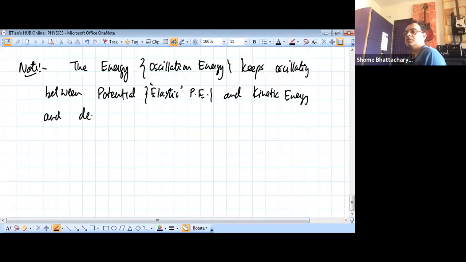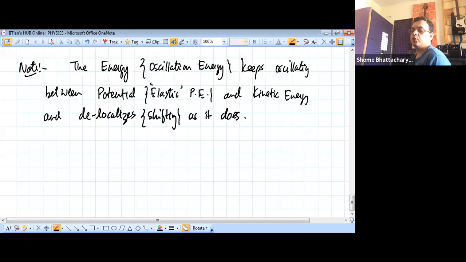It keeps delocalizing or shifting as it oscillates between potential energy and kinetic energy. The location of where that energy is, which particles possess maximum energy and which possess minimum energy, also keeps shifting. Okay.